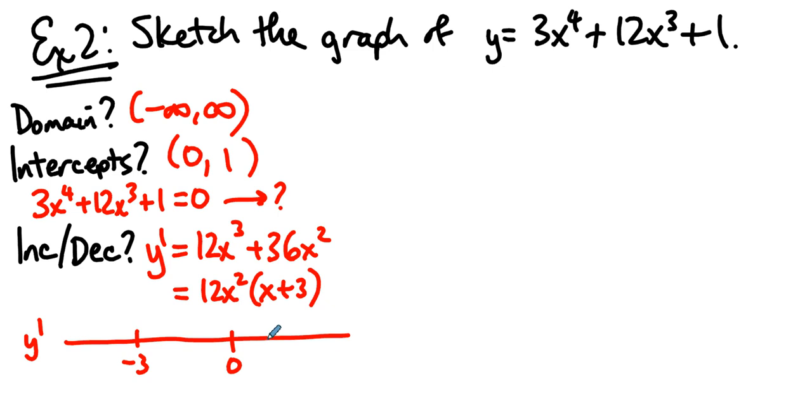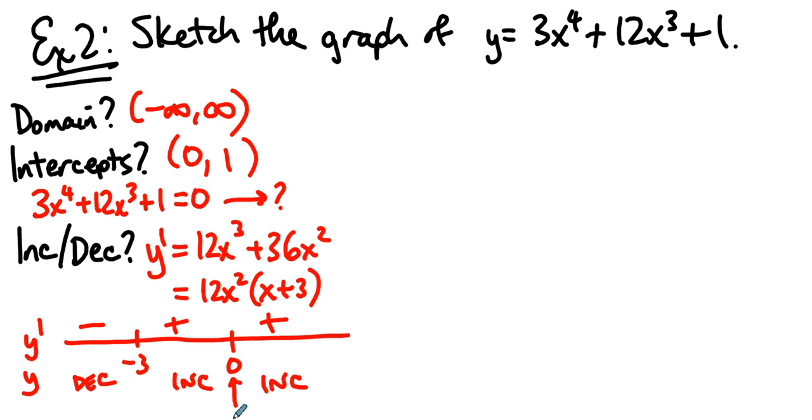You might be surprised this time. It doesn't alternate. It goes negative, positive, positive. We're so used to those sign charts alternating, but this one doesn't. It goes negative, positive, positive, which means the graph of the function decreases, but then increases, and then keeps increasing.